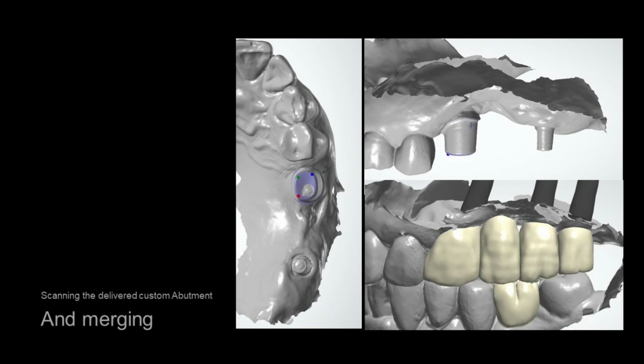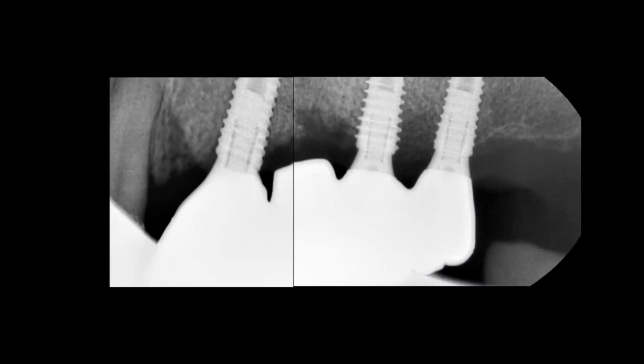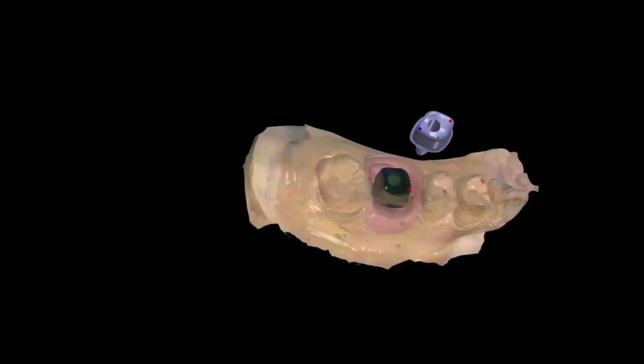We seat the custom abutment and take a scan of the custom abutment, and then we merge. If we do it this way, we can exactly locate where the margin is. And let's see how the merging is done. If we take a scan of the abutment itself, we can use the corresponding library to match the two scans together.